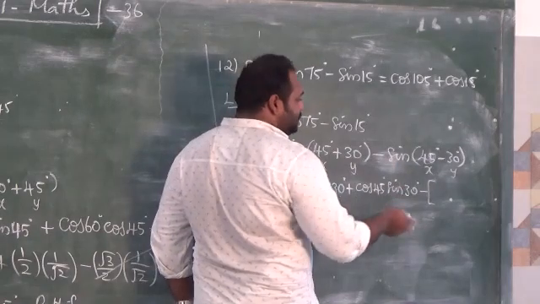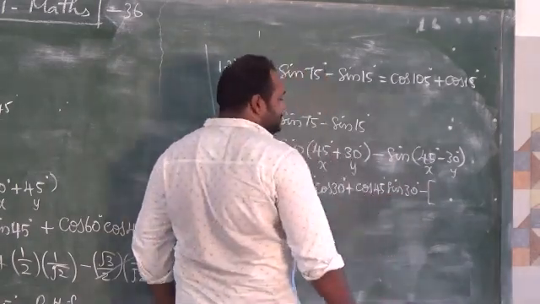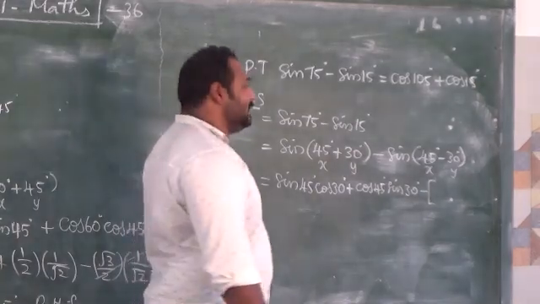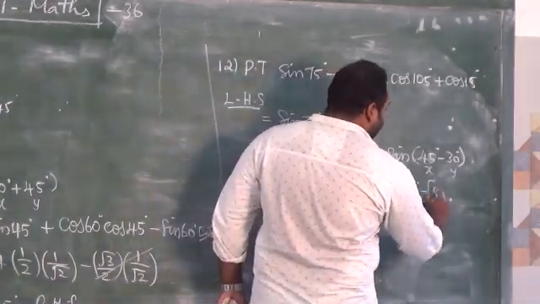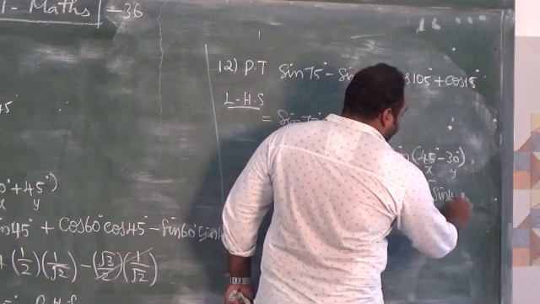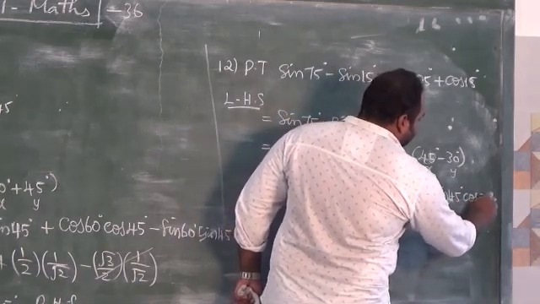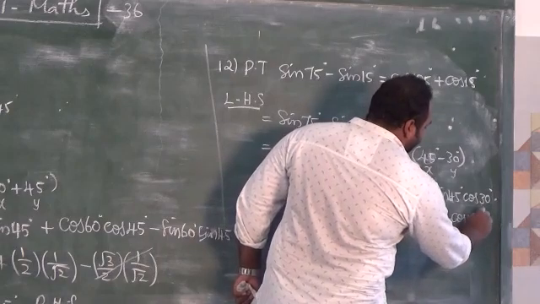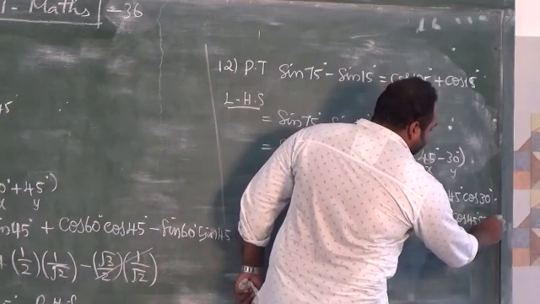In the next step, we will bring the minus inside. Sin x minus y formula: sin x cos y minus cos x sin y. So here sin 45 cos 30 minus cos 45 sin 30.